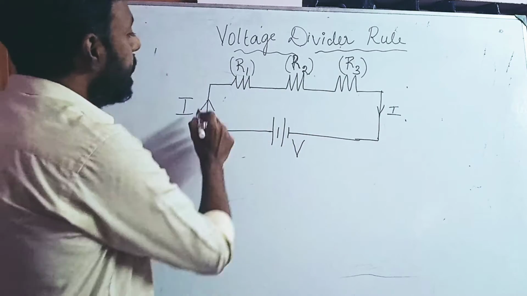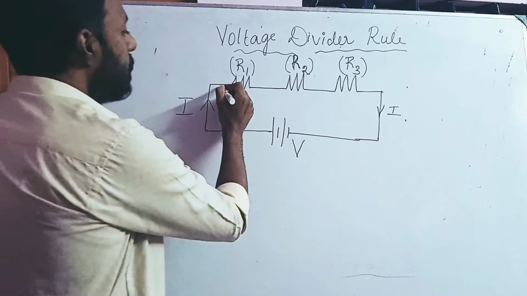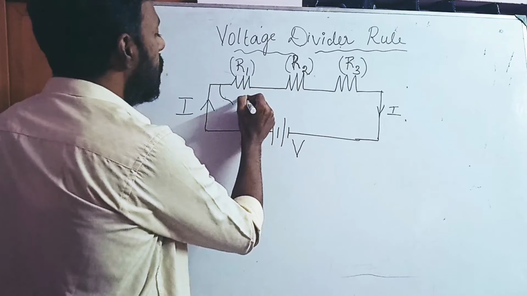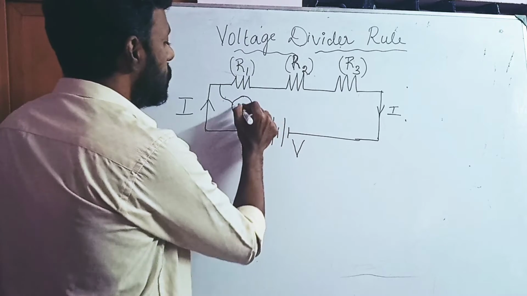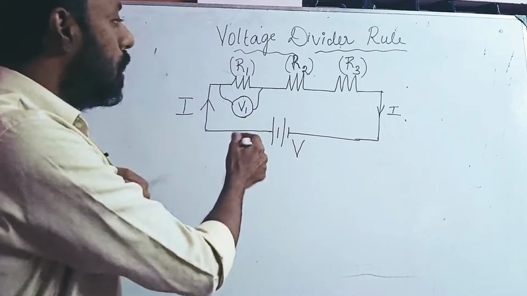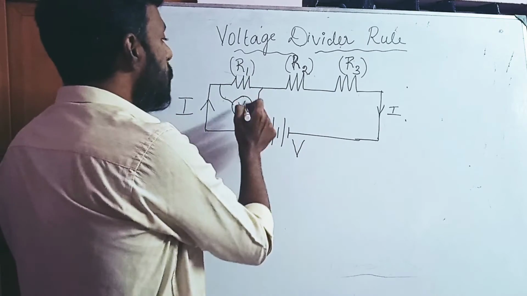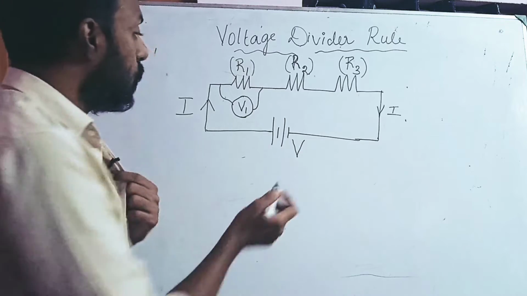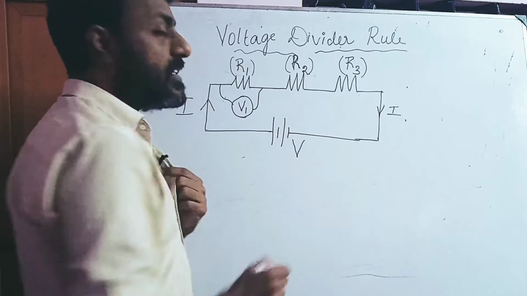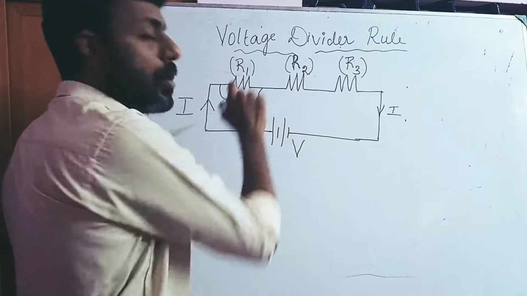When this current passes through the resistor R1, automatically you will encounter a voltage. A voltage V1 develops across the resistor. For expressing a voltage, you need to say that the voltage is developed across a resistor.